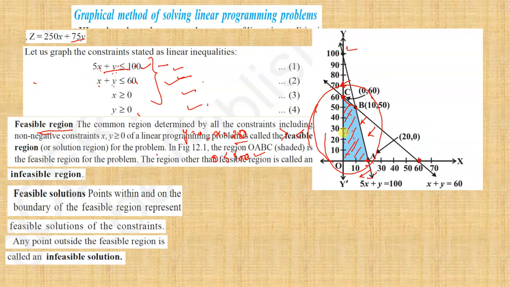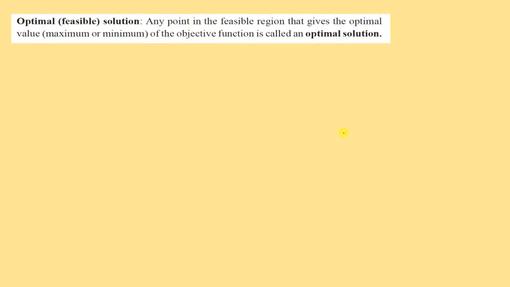So every point within the feasible region satisfies the given constraints, but among them, the point which gives the maximum or minimum value of the given objective function is called the optimal solution.